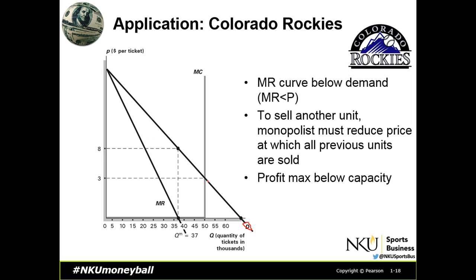Because they paid $8. And while that would work for a game or two, those 37,000 people are going to stop coming to my game and stop paying $8 because they know other people are getting it for $3, right?